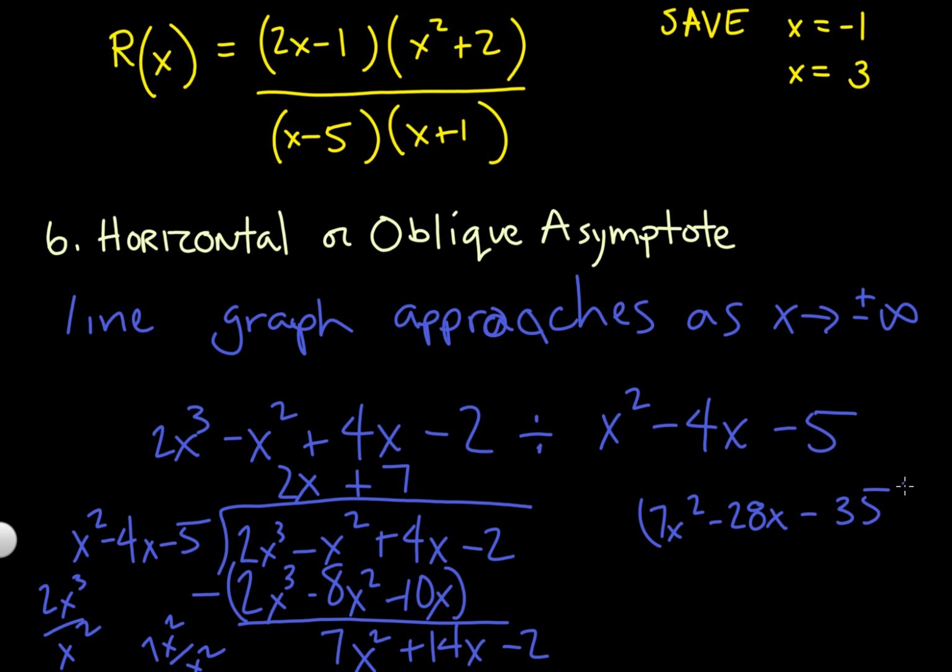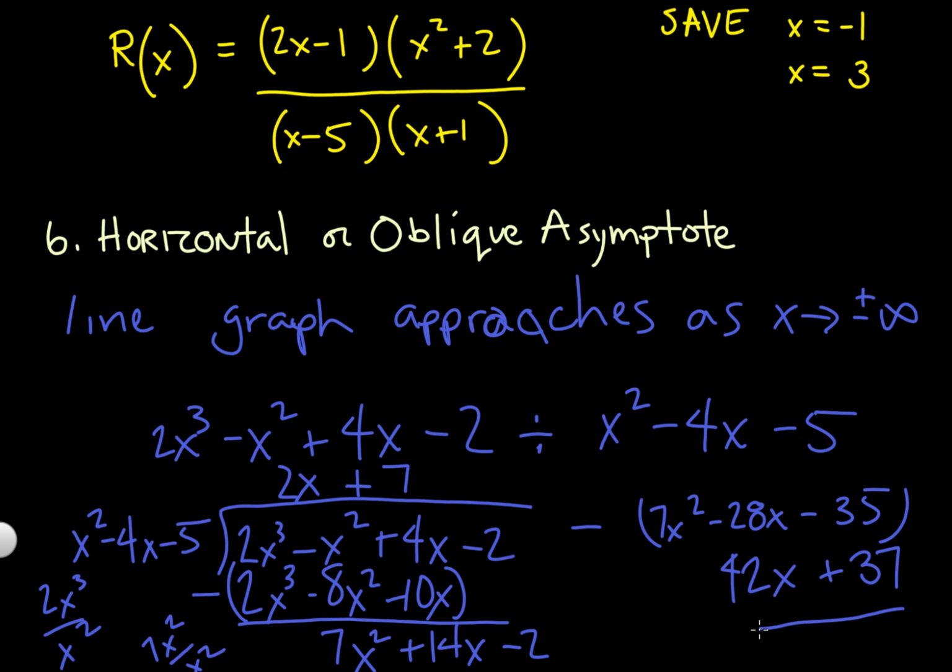And we subtract this from here. So 7x squared minus 7x squared is 0. 14x minus negative 28x gives me 42x, and negative 2 minus negative 35 gives me 37.